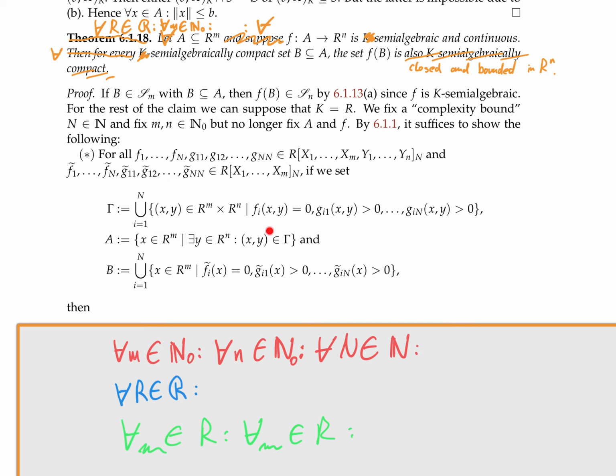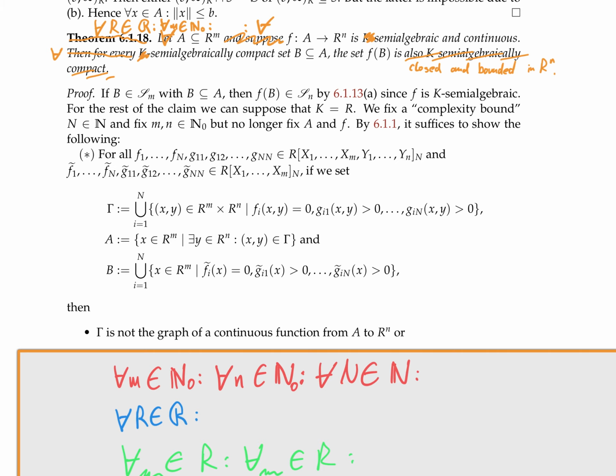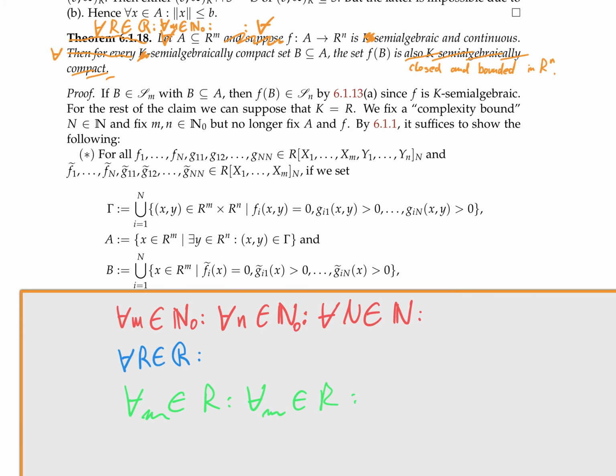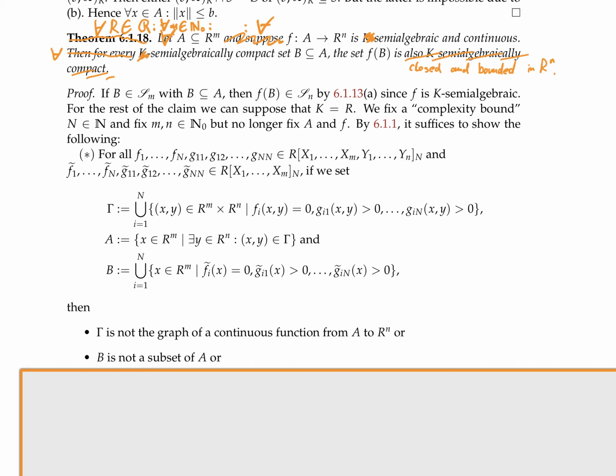Then one of the following things must happen. Namely, gamma is not the graph of a continuous function from A to R^n, right? So maybe you do first, as an exercise, you could say gamma is not the graph of a function from A to R^n.